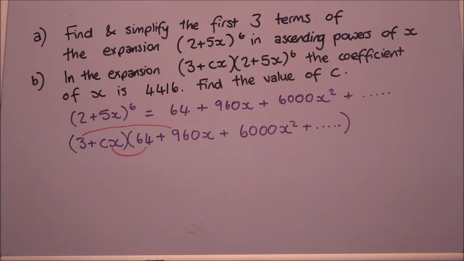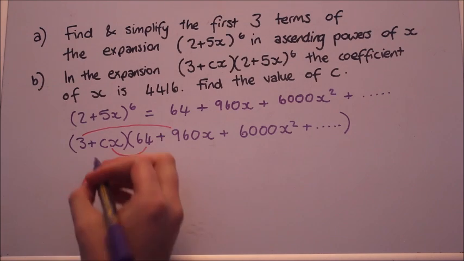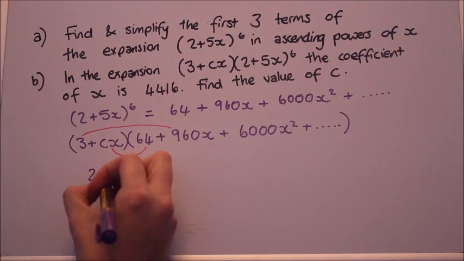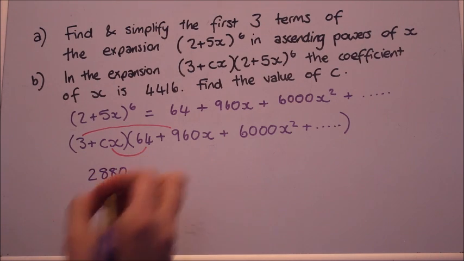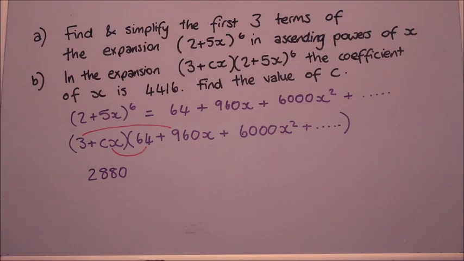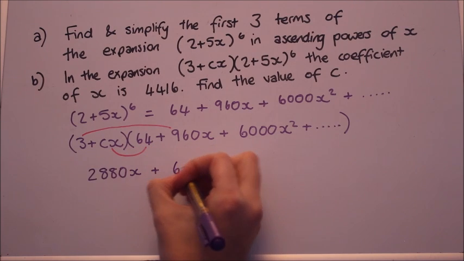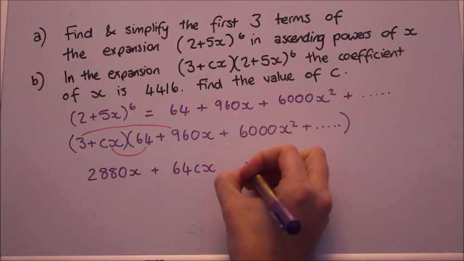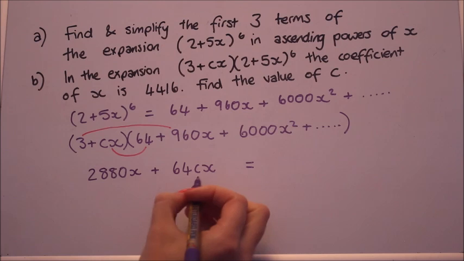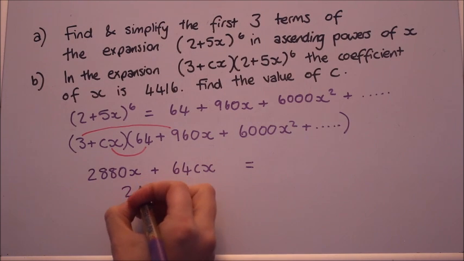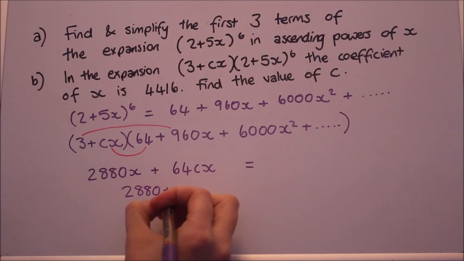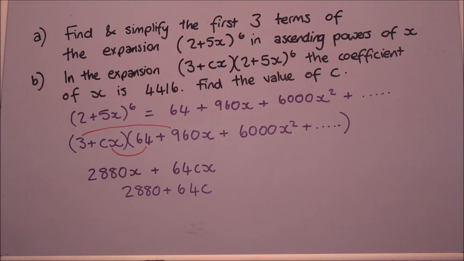4,416. So let's work those out. 3 times 960 is 2,880. I did just use a calculator just now, I'm not a genius. And then we'll have 64 times cx. Now, we're only interested in the coefficient of x, so that will be that.